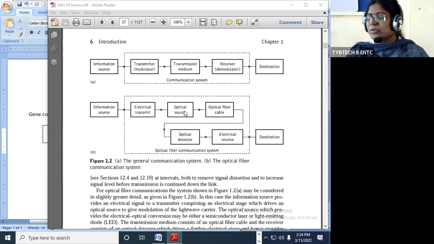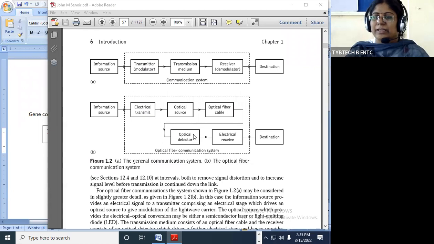Then optical source. What will that optical source do? It will convert the electrical signal into the form of light, and then it is given to the fiber optic cable. What is the function of the fiber optic cable? It carries the information signal given to it and delivers it at the output side, the receiver side.